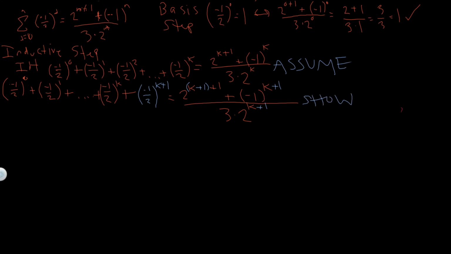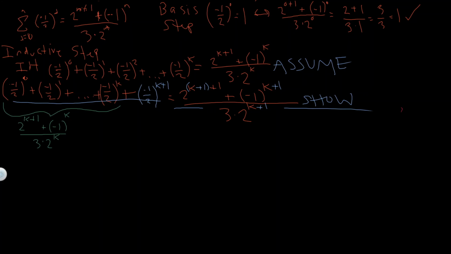And in order to show that, we have to show an equivalency between this side of the equation and this side of the equation. We know that our inductive hypothesis is what we are assuming to be true. So with that, we can substitute everything up to k with the hypothesis by rewriting 2 to the k plus 1 plus negative 1 to the k divided by 3 times 2 to the k.